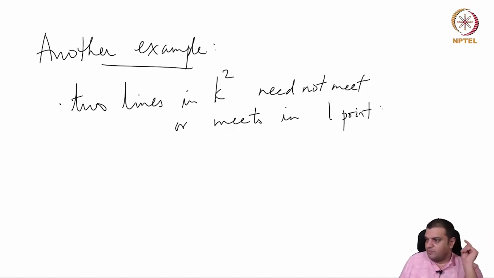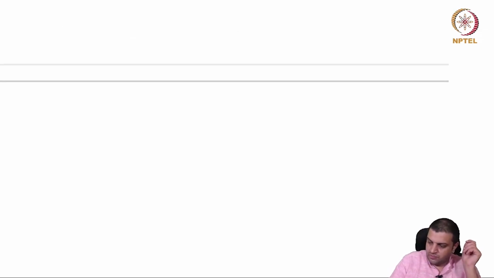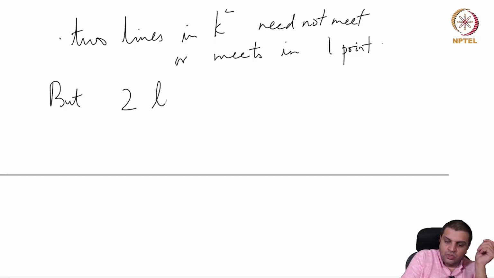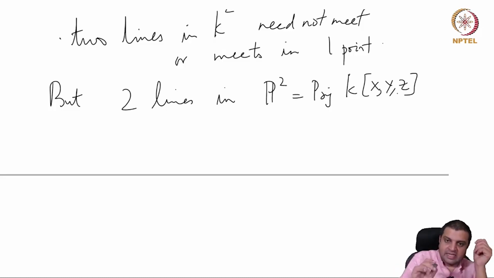But if you take two lines in P2, which we said is Proj of K[x, y, z], they always meet in exactly one point.